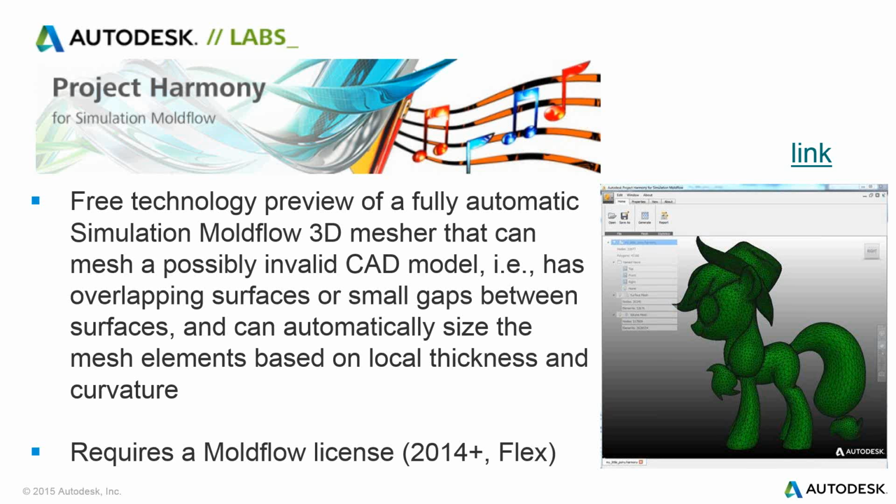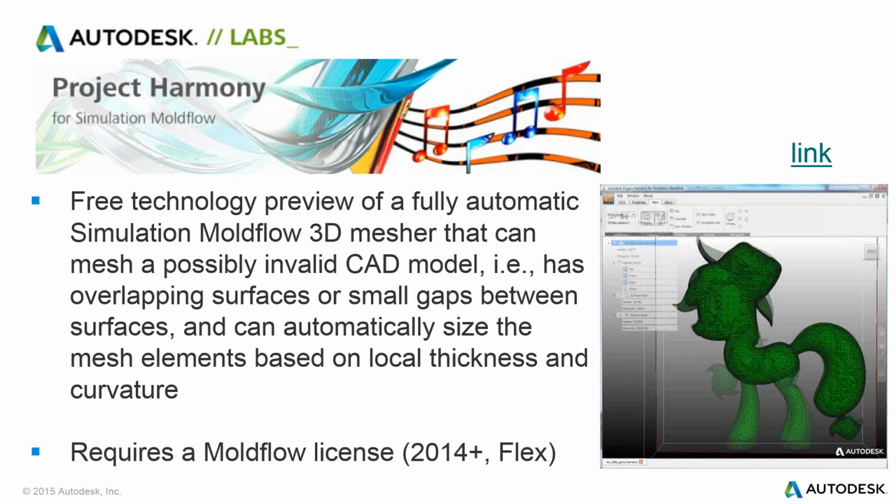Now, the interesting piece is that it creates not only on the exterior surface a very different mesh than what we typically see with our default mesher, but also in the interior a very different mesh than what we would typically see with Moldflow.